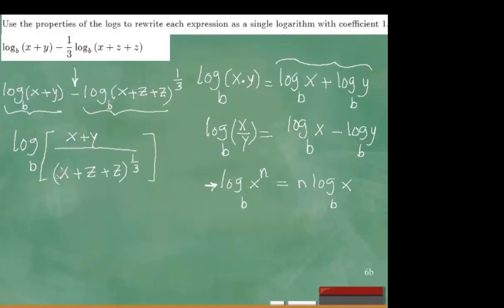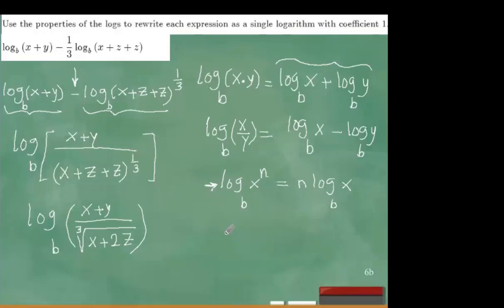Okay, I combined this into a single logarithm already. I can rewrite this as log of x plus y over, I can write this as the cube root of x plus z. We're writing this as a single logarithm, and the base is b here. Now the question is, how do I get the cube root?